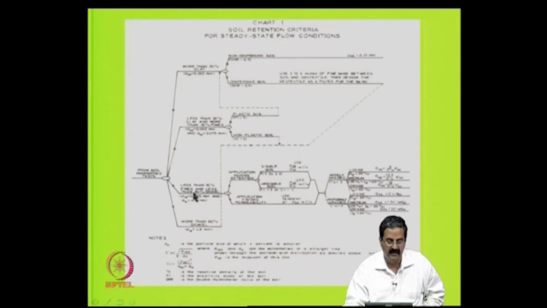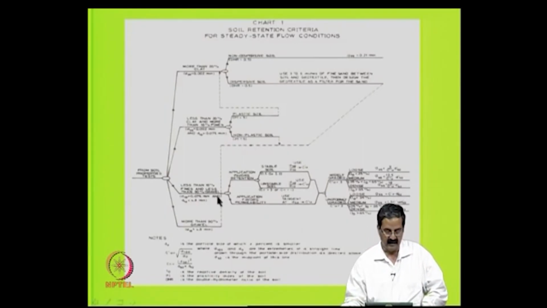And if the sand material has less than 10% fines, it goes to this material. If it is more than 90% gravel, sometimes just a gravelly deposit in situ, then he suggests that if it is fully gravel, you have to put some sort of sand cushion on the geotextile, you can't just place it directly.